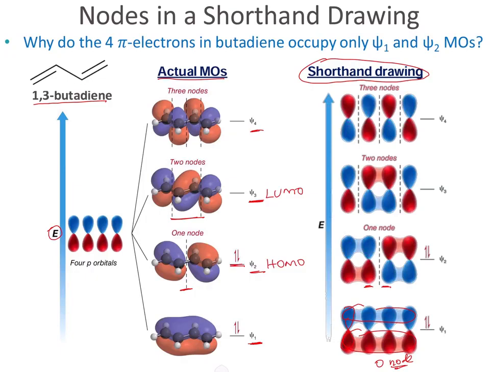So this is going to be the HOMO. Psi3 we said is the LUMO. Psi3 has 2 nodes. In other words, to determine the number of nodes, you just consider which molecular orbital you are in: psi1, psi2, psi3, psi4. If you are in molecular orbital psi4, it's going to have 3 nodes.